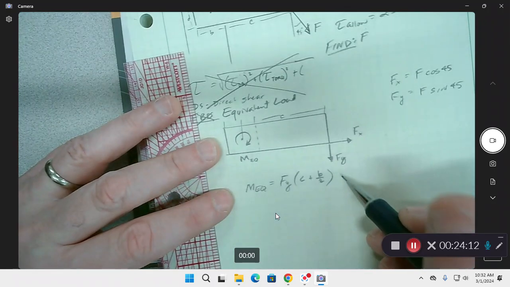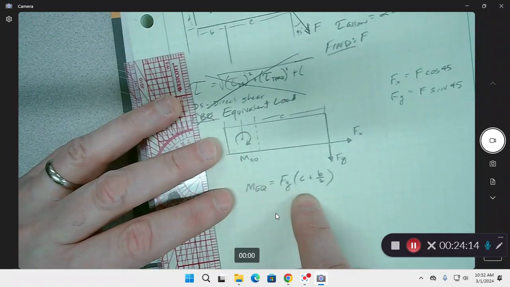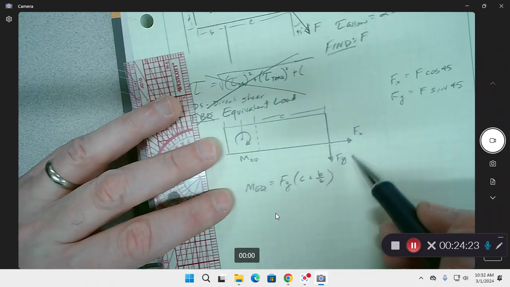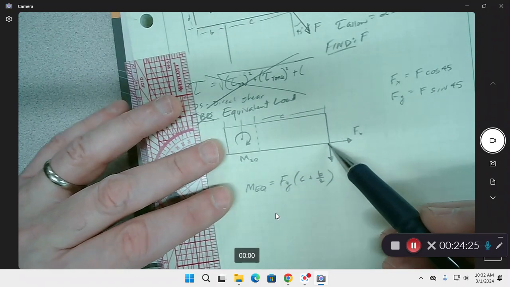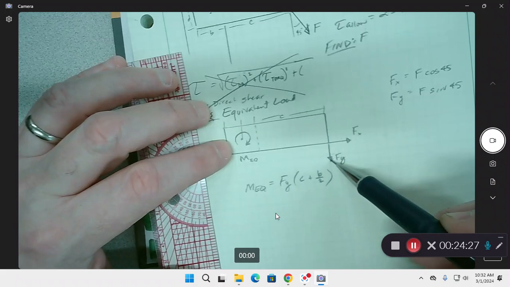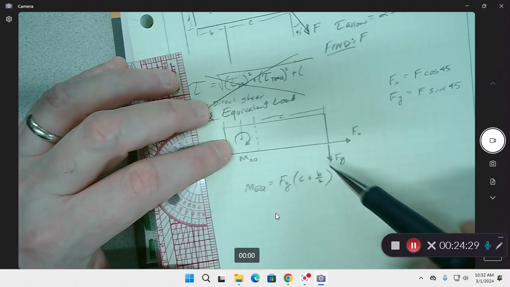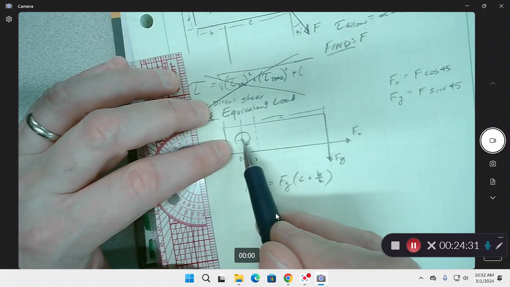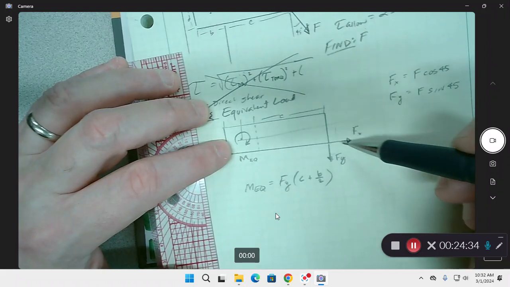Here's the interesting part. We could just stop right here, and I think this might be kind of preferred, a better thing to do, because we're about to subtract. You notice that this Fy is creating a clockwise moment. Note that Fx, though, has a counterclockwise moment.